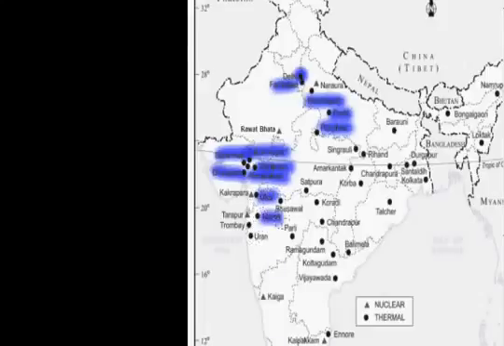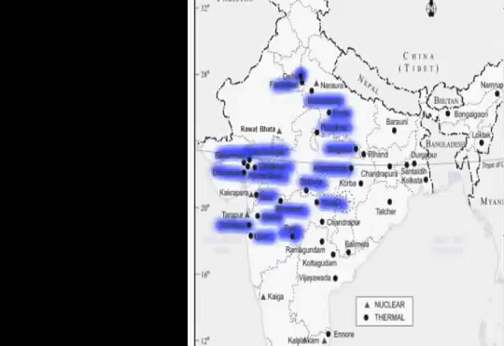While in Maharashtra, Nasik, Uran, Trombe, and Bhuswal. Plus in Vidarbha, it's Koradi and Parli. In central India, Singrauli, Amarkantak in Madhya Pradesh, and Satpura in Madhya Pradesh.